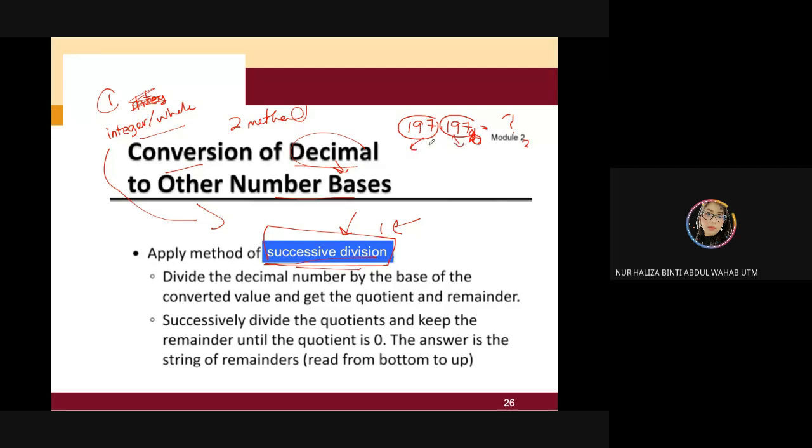You are lucky if you have only one side, whether it is an integer or a fraction. For the whole number or integer, you're going to apply successive division. But for your fraction number, you're going to learn later on the multiplication repetition, something like that. I forgot the name already.